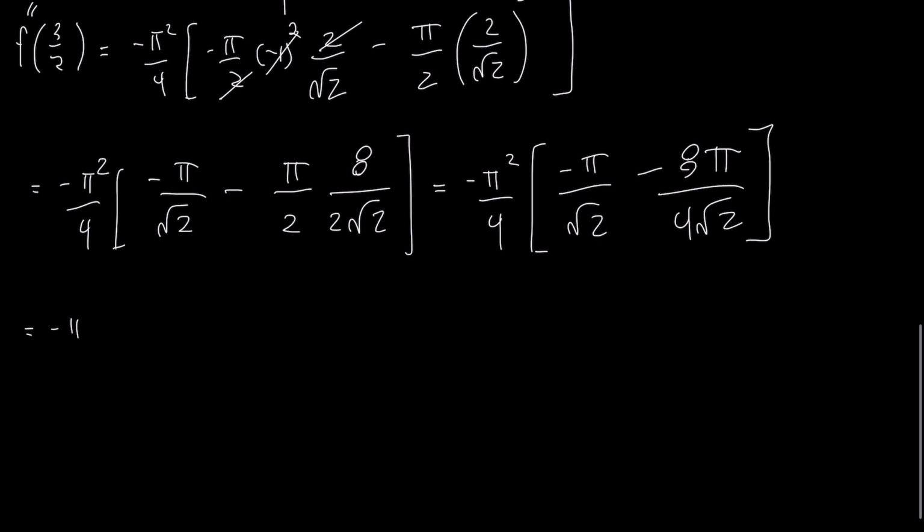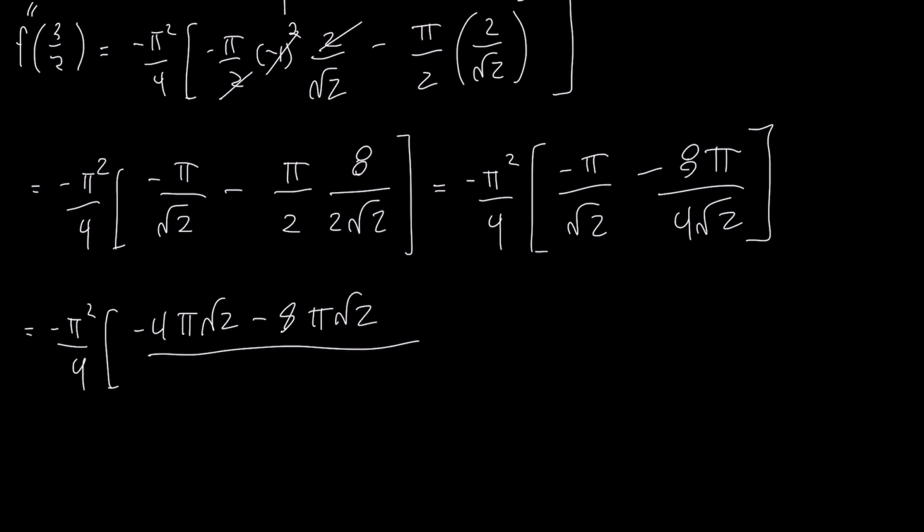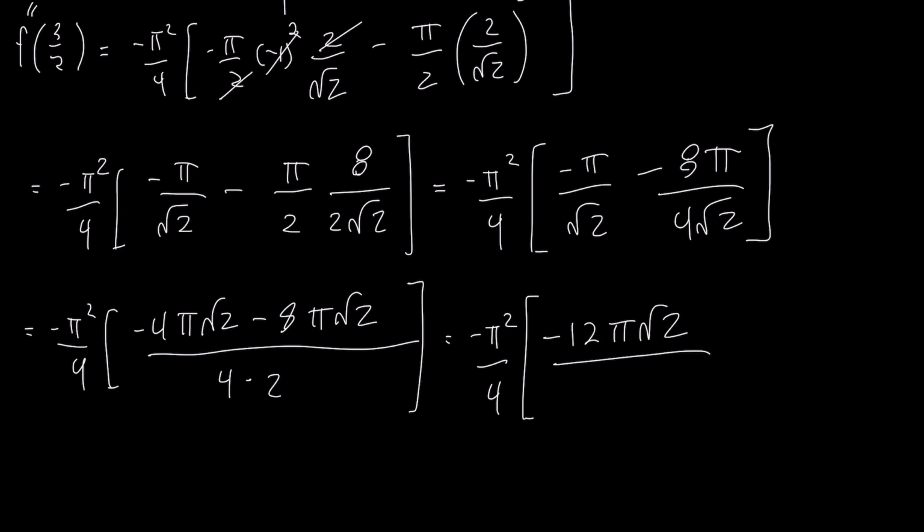This is equal to minus pi squared over 4 negative 4 pi root 2 minus 8 pi root 2 over 4 times 4. Well, no, it would be 4 times 2 because square root of 2 times the square root of 2. So it would be minus pi squared over 4 negative 12 pi root 2 over 8.